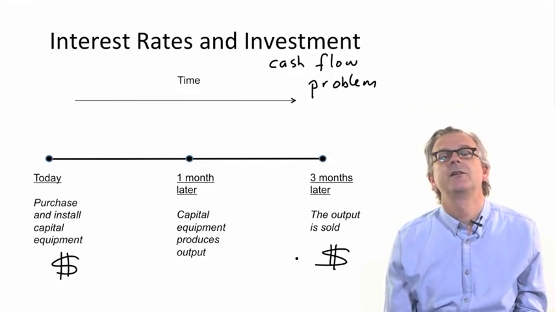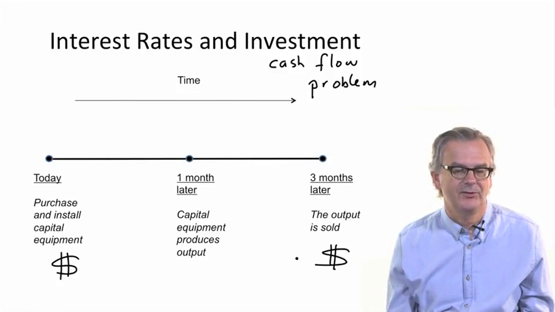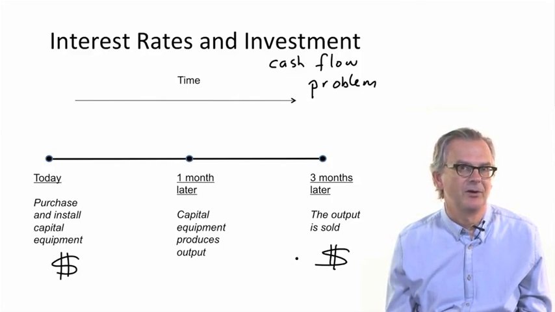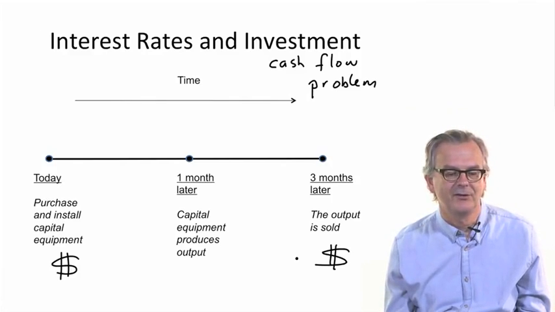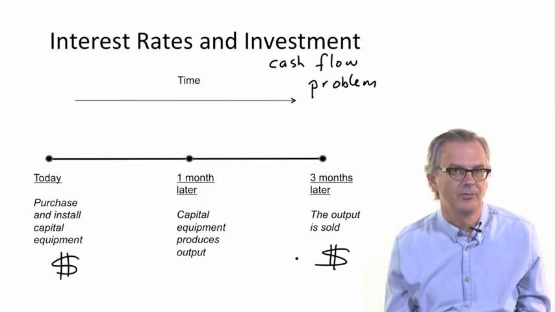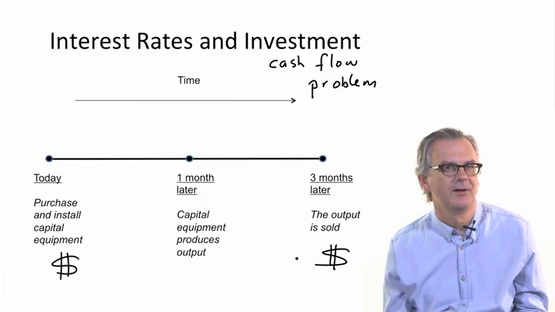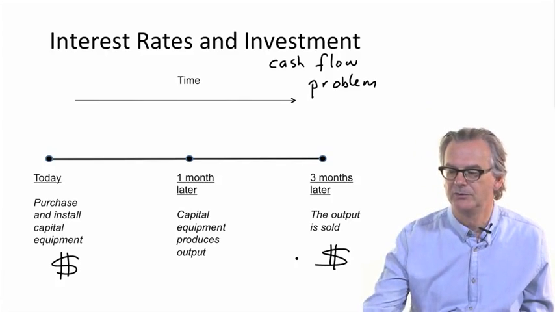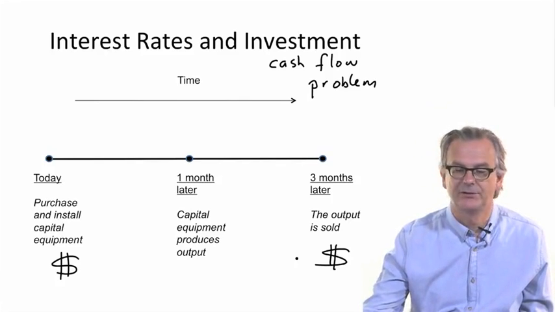So it's not too surprising when you think about it in these terms that a great deal of investment expenditure is financed through the borrowing of funds, which means the cost of that borrowing, the interest rate, is going to be a significant factor in influencing firms' decisions about whether or not the purchase of a piece of capital equipment, the act of investment in other words, is a profitable course of action.